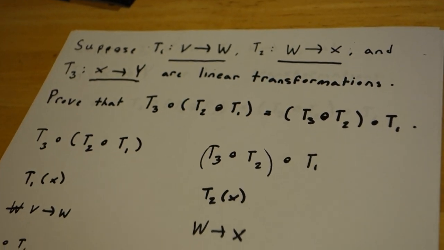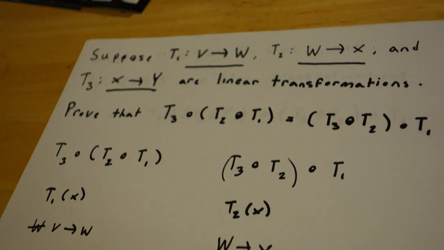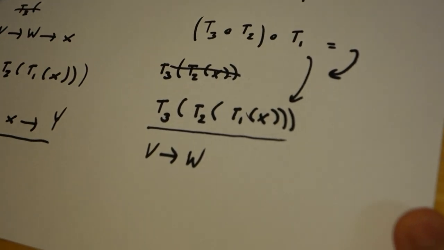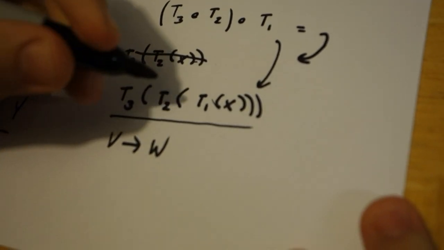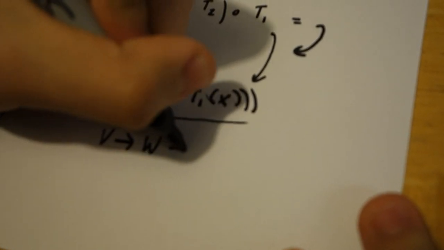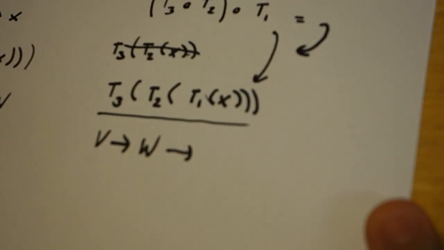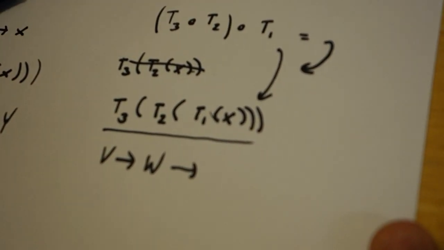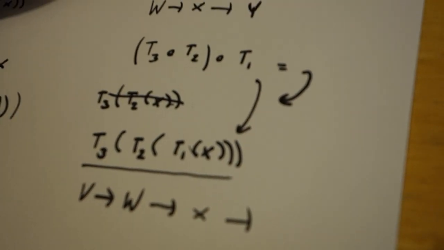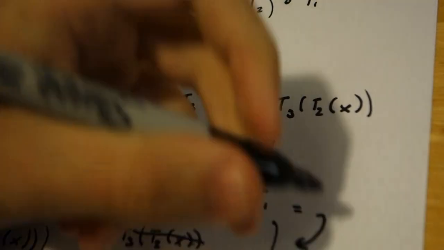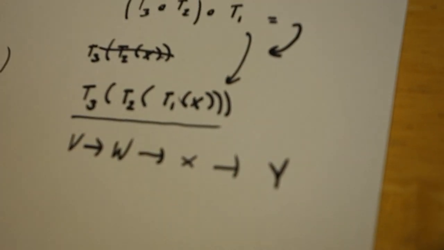T1 takes a vector in set V, and once you apply the transformation of T1, it transforms into a vector in set W, and that is perfect. Applying what we already did before, T2 transforms it to a vector in set X, and T3 transforms it to a vector in Y.